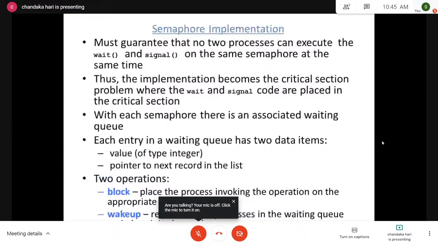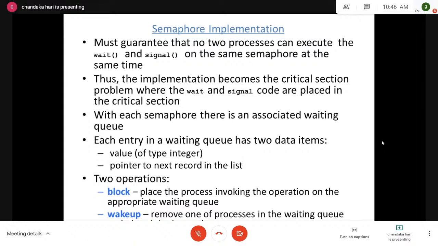Now we are going to look at the semaphore practical implementation. In case any data is going to be shared by more than two processes at the same time, how can you protect it? You must guarantee that no two processes can execute wait and signal on the same semaphore at the same time. In this implementation, whenever a data item is going to be accessed by multiple processes at the same time, how can you protect that variable?